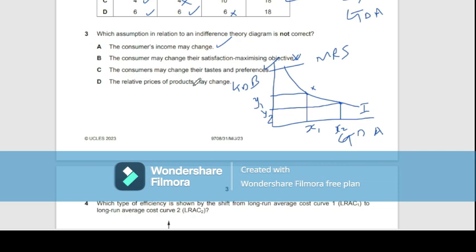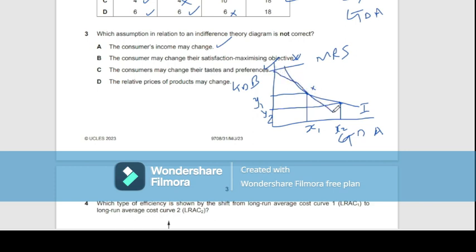Indeed, the relative prices of the product may change. Yes, that is true. If the relative prices of the product change, then the indifference curve will either shift upward or downward depending on the change. For instance, a decrease in price of good A will pivot the budget line.